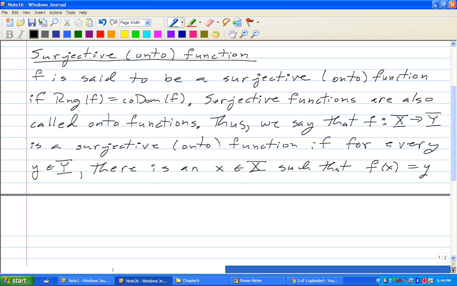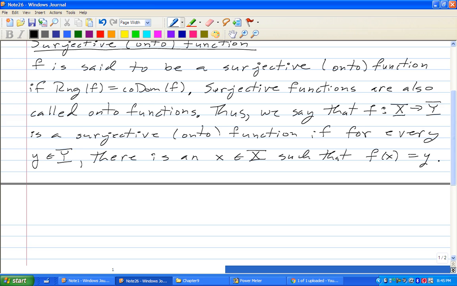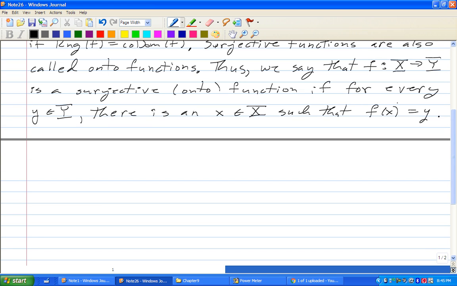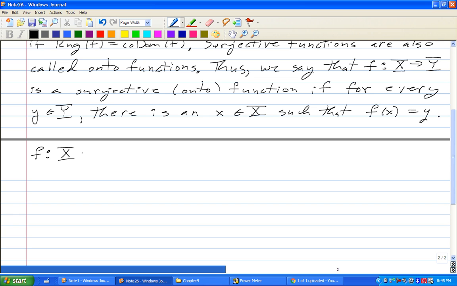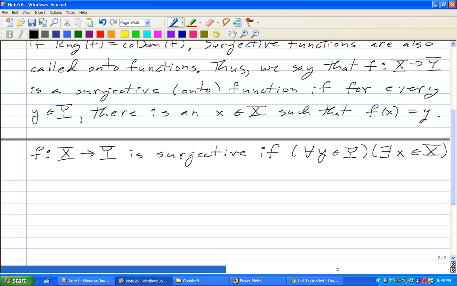Okay, so I can put this down symbolically. F mapping X to Y is surjective if for every y in the set Y there exists an x in the set X such that f of x is equal to y.